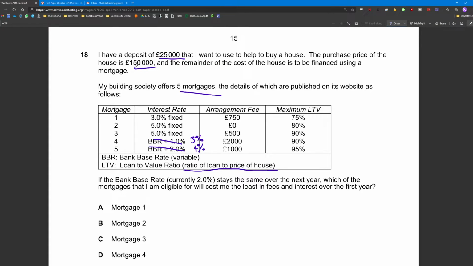The purchase price is 150. So basically, this guy can afford to put down 25K for a house, and I think he can't actually.